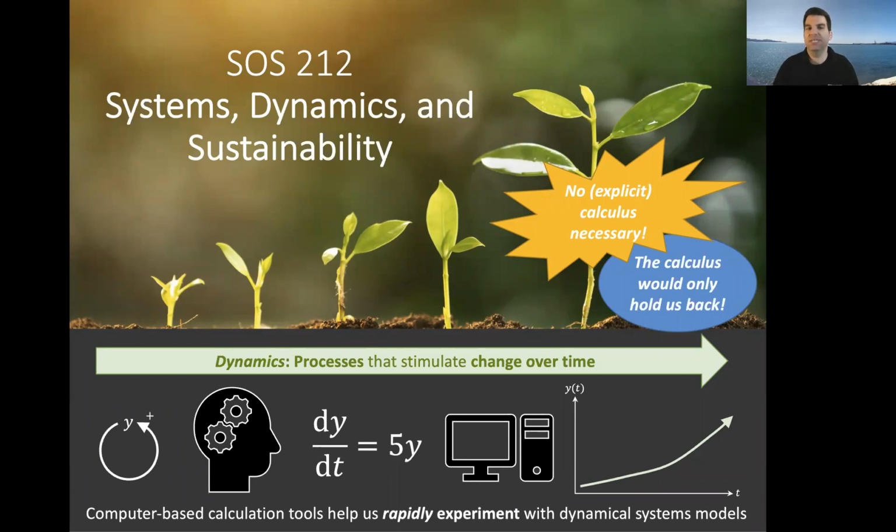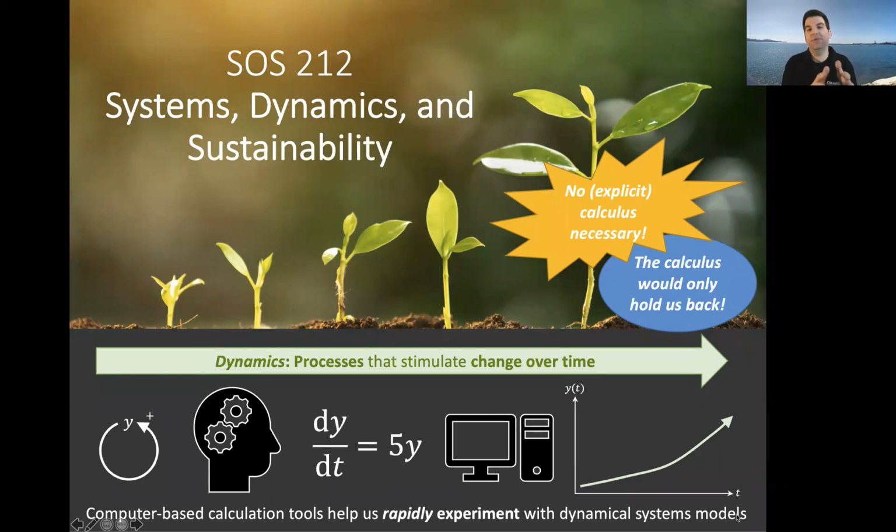Really, this course is about how we use calculus-type thinking to build models using basic arithmetic and let the computer do the hard calculus work. And then we can use our faith that the calculus works to say, well, you kind of know where this graph might come from, but then be able to play with the computer to get different graphs out of here.